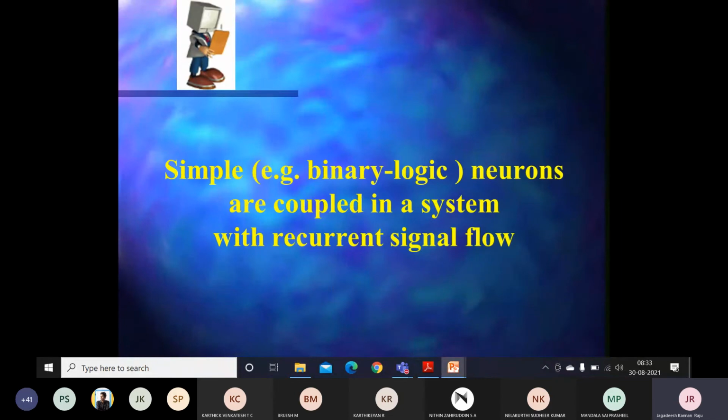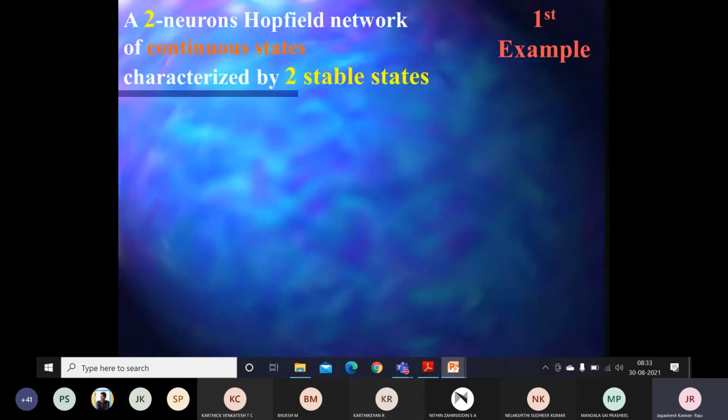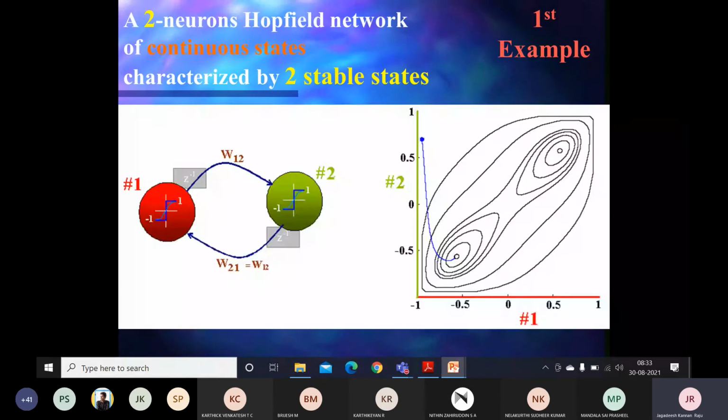So we say that it uses a binary logic. Simple neurons are coupled in a system with a recurrent signal flow. The first example we can see is the two neuron half-wave network of continuous states, characterized by two stable states. This is one node or one neuron, and this is another node or another neuron.